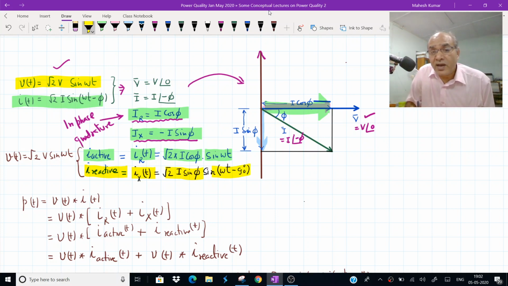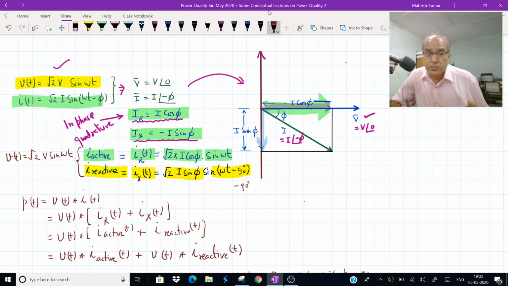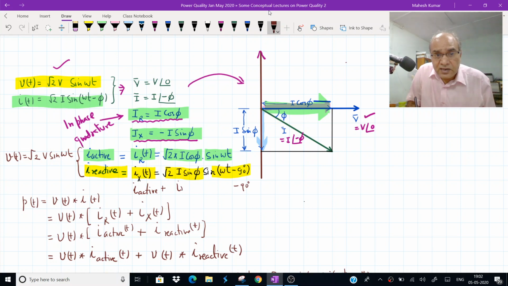Now I have not taken the minus sign here because the minus sign is being considered in the phase angle as minus 90 degrees. You see it here. Okay, so this current lags the voltage by 90 degrees. So there are two components, and if you sum them, I active plus I reactive, then we will get the same current as I instantaneous.